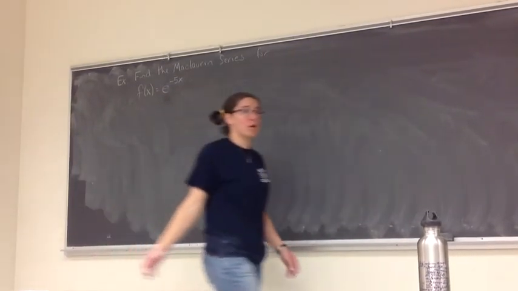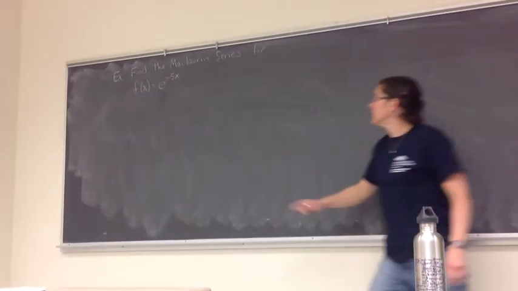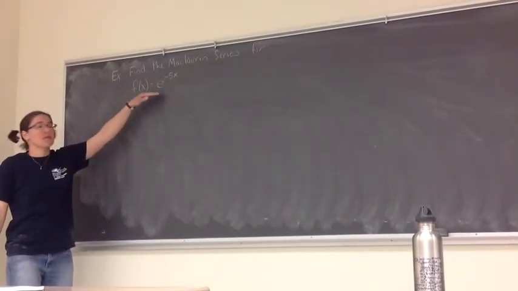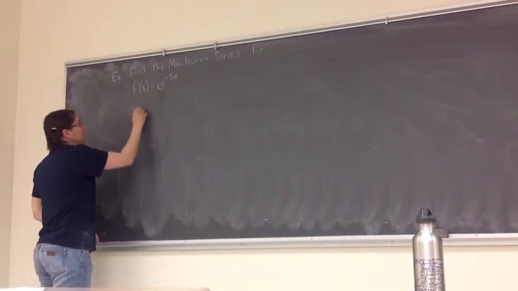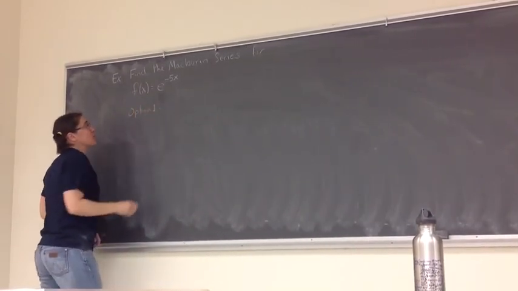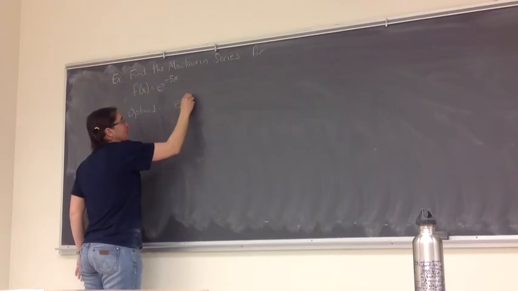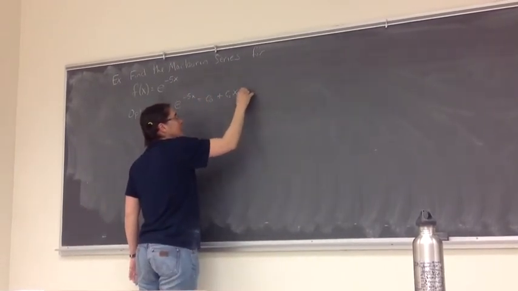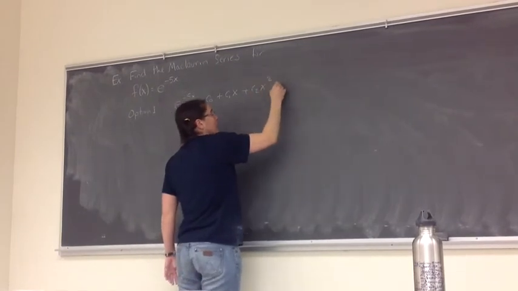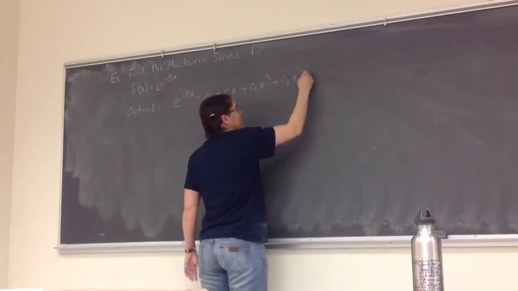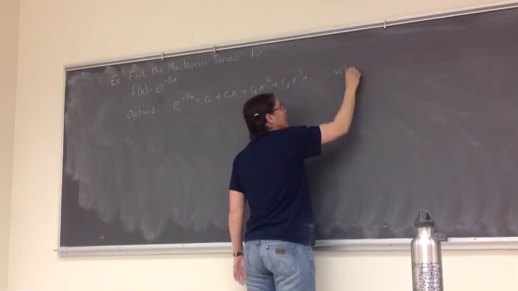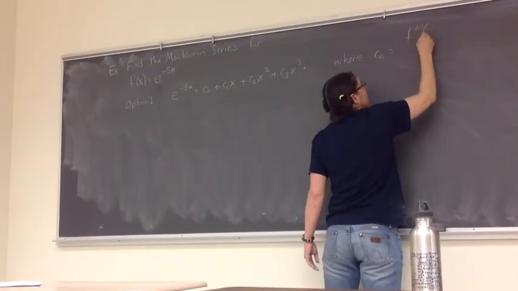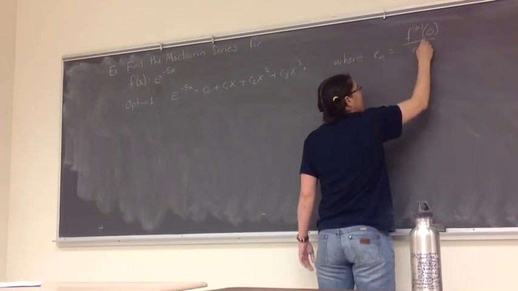Okay, so option number one, I can look at that and say, here's my function. Option one says, okay, well, e to the minus 5x is equal to c0 plus c1x plus c2x squared plus c3x to the third plus dot dot dot, where cn is equal to the nth derivative evaluated at 0 divided by n factorial.